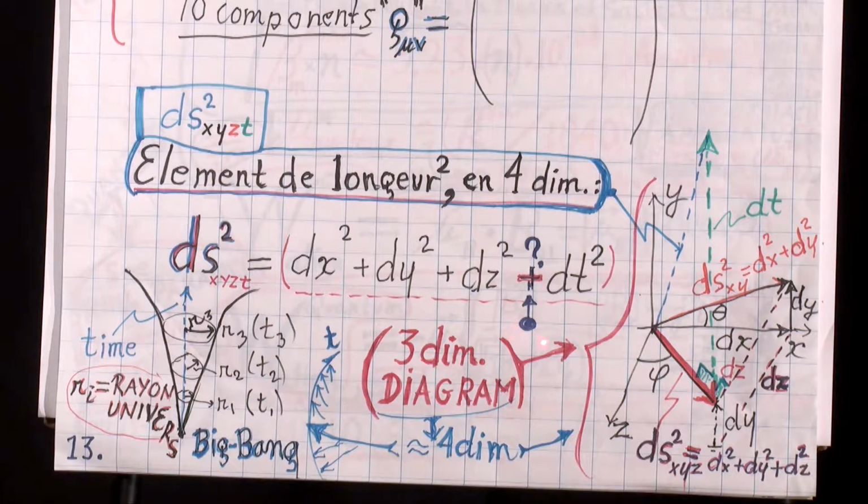So the time is seen here as an element of distance. Because we are in space-time, this is the element of space-time because it involves the 3-dimensional space and that of time, okay?